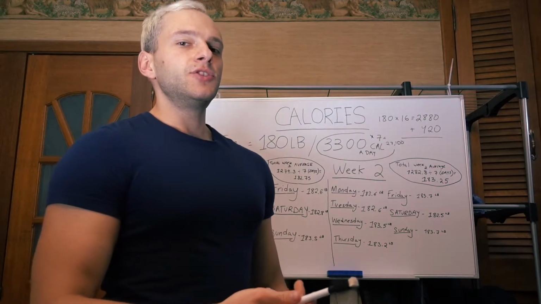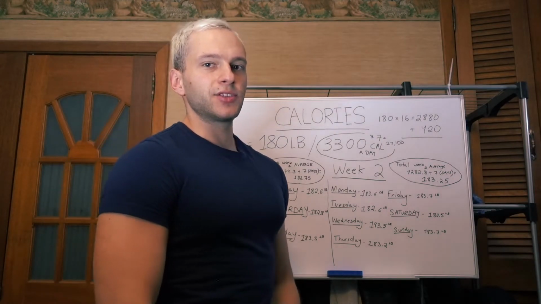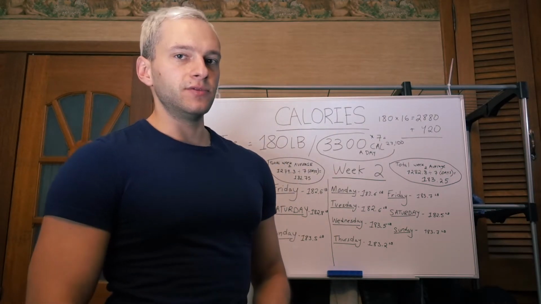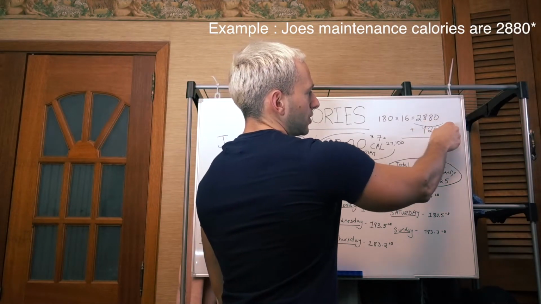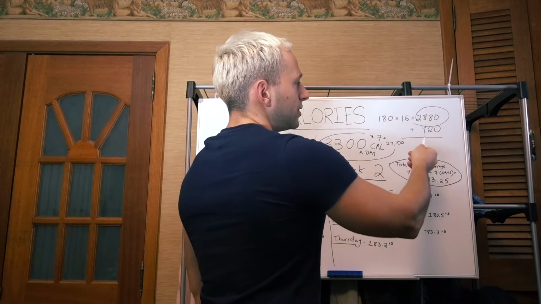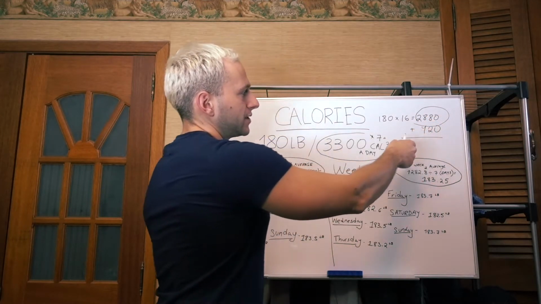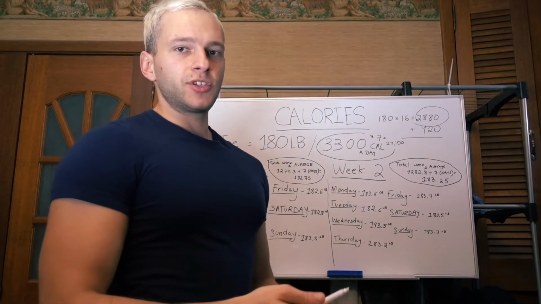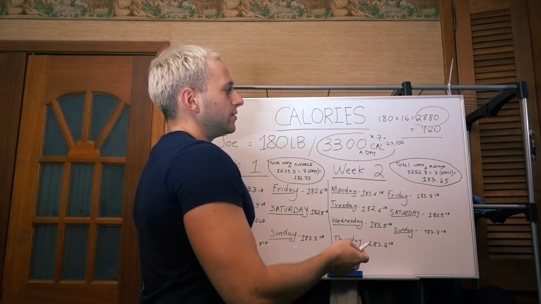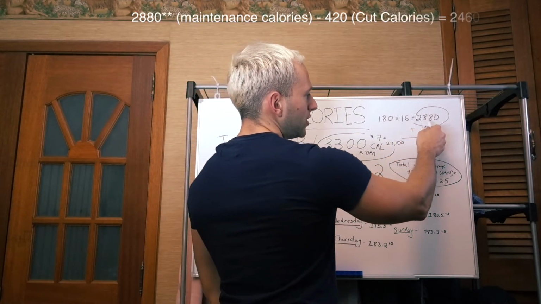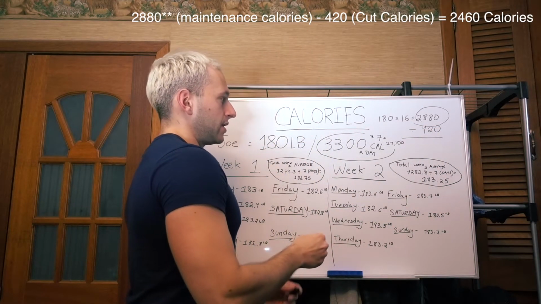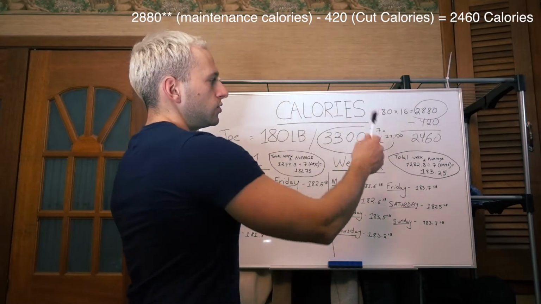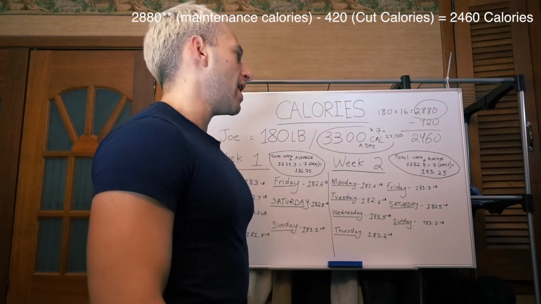Let's say Joe wants to actually lose weight. So if you're in a position where you're trying to lose weight, what you would do is the maintenance calories, which are 2,880, you would subtract from the maintenance calories around 300 to 500 calories. So let's do that. We would do 2,880 minus 420, which equals 2,460 calories.